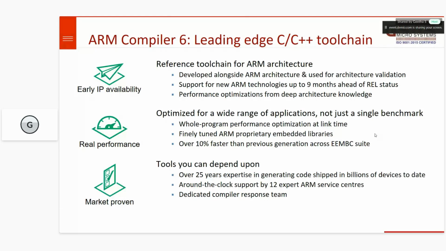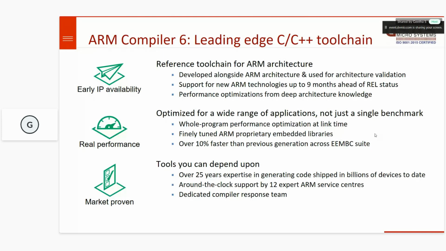As I said, optimizations are done based on deep architecture knowledge. Suppose ARM comes with a new architecture and any specific additions or features are added, for example SIMD, a hardware floating point unit, or SVE.